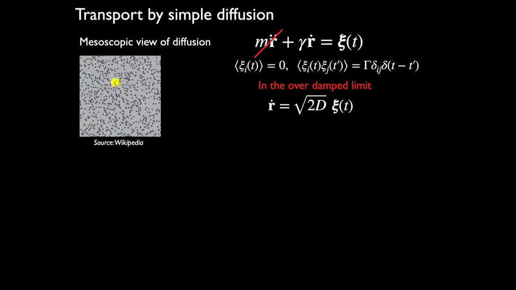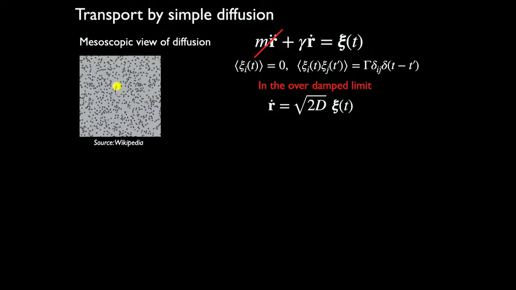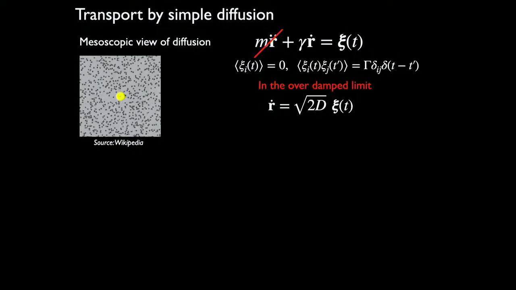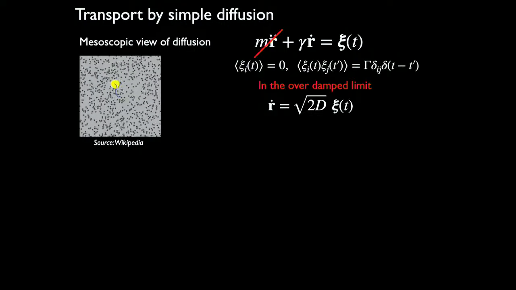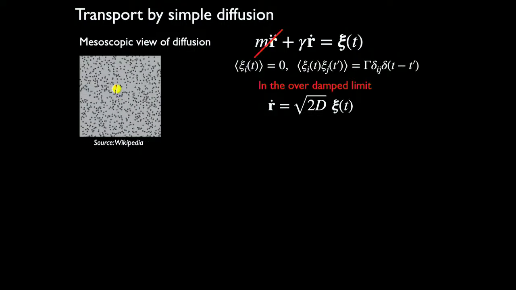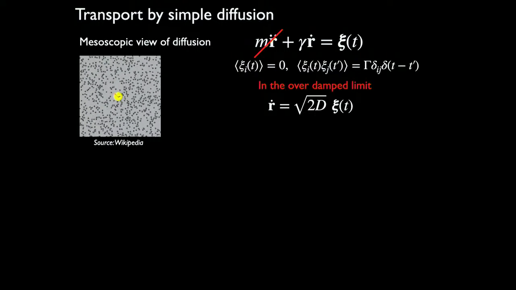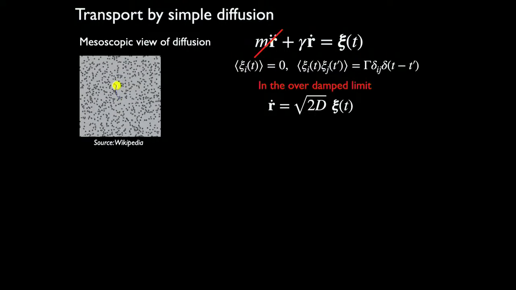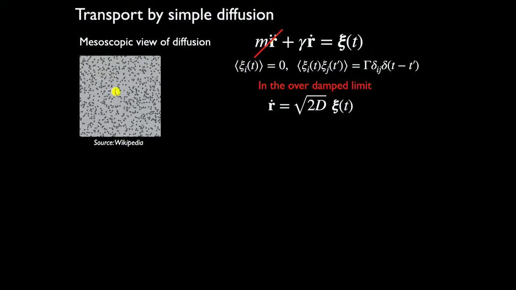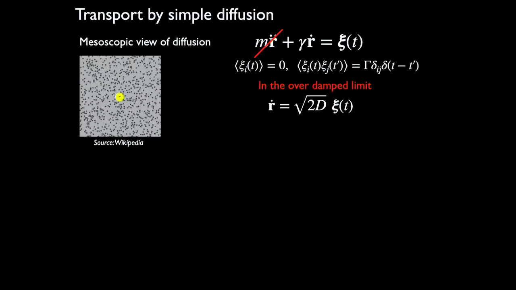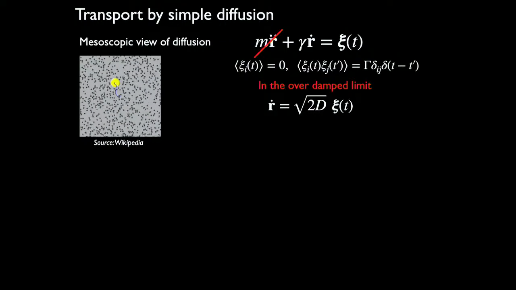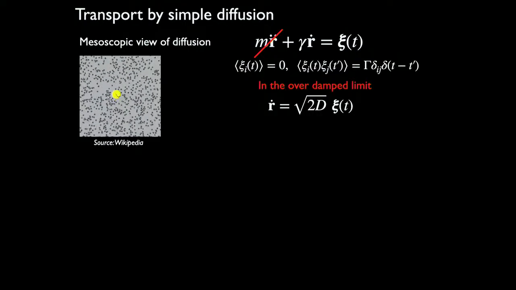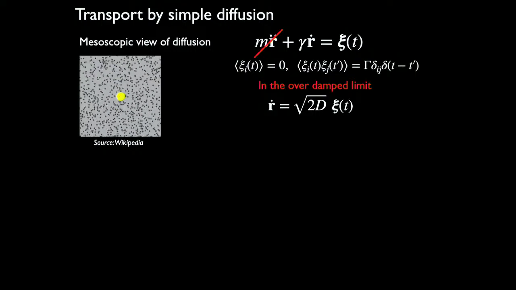So psi of t corresponds to the kicks this bead is getting from the fluid molecules, which are uncorrelated, and that property, that the kicks at different times are completely uncorrelated, is given by this condition: if you take this psi at some time t and psi at some different time t prime, the average will be 0 if t is not equal to t prime. Okay, so that is what is known as a delta function correlation.